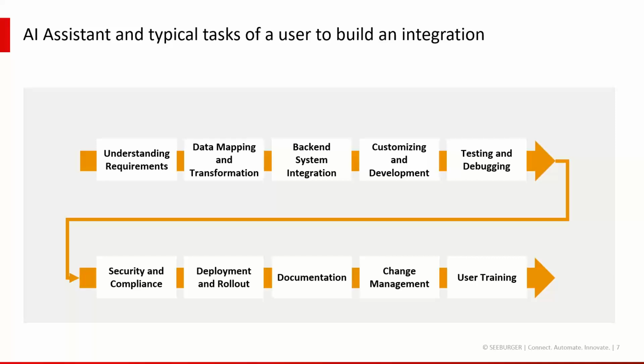And what you here see is maybe a little bit idealistic, but these are somehow major blocks of tasks that a user has to do to build an integration. And what we do is we focus on AI assistance in these areas where we see the highest value.